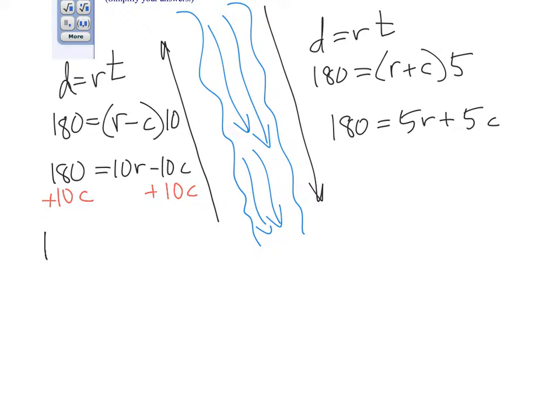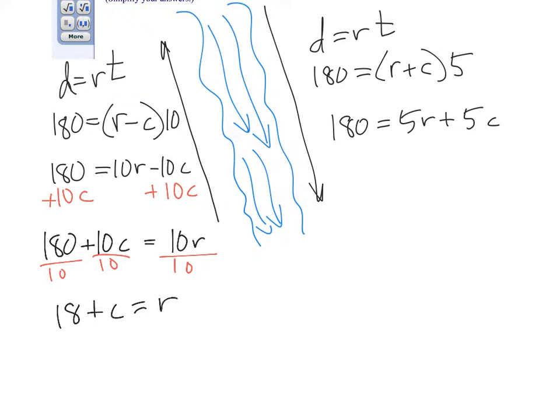So that ends up being 180 plus 10C equals 10R. Now we're going to divide everything by 10, and that ends up equaling 18 plus C equals R. So what does that mean? That means wherever we see an R, we can replace it with 18 plus C. So let's do that right over here.